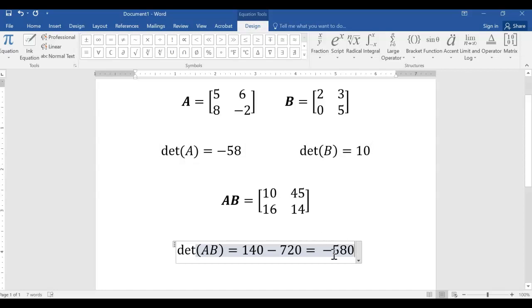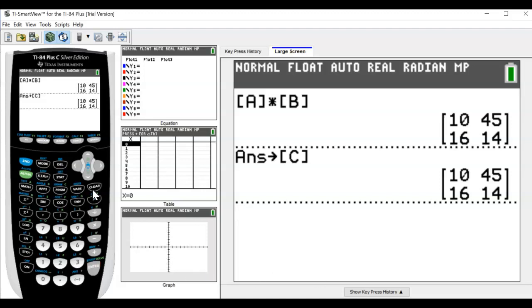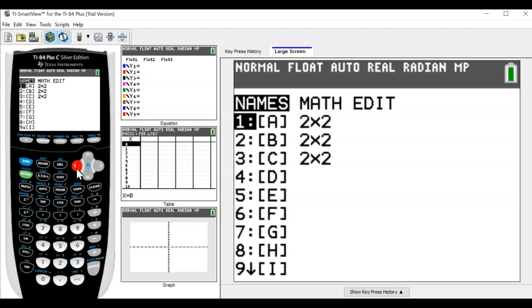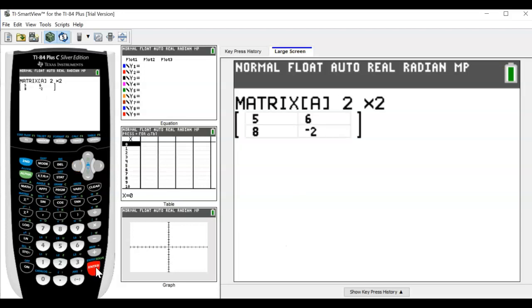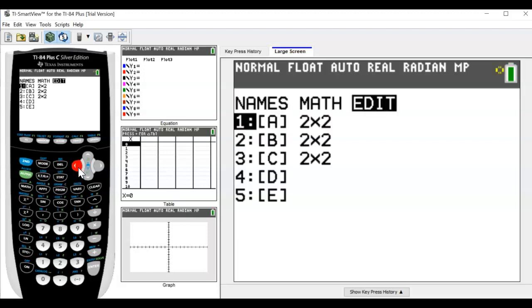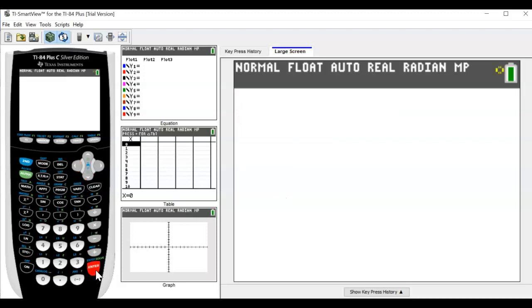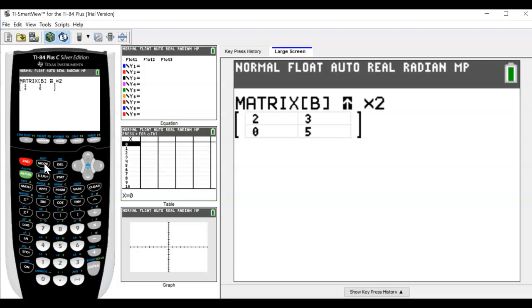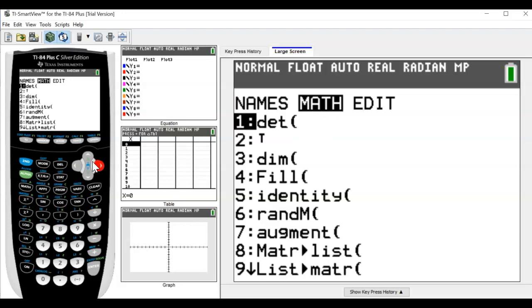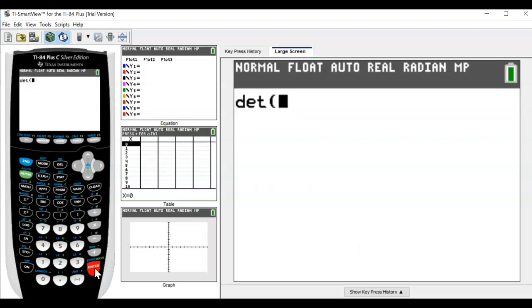Now, if I were to do that on my calculator, I already have most of this stuff put in. So again, if you're trying to put things in your calculator, go into the matrix menu, edit. I already have A in as the matrix I was looking at, and I already have my matrix B in. So if I want to find the determinant, I go to my matrix menu, scroll over to math, hit number 1 there, determinant.